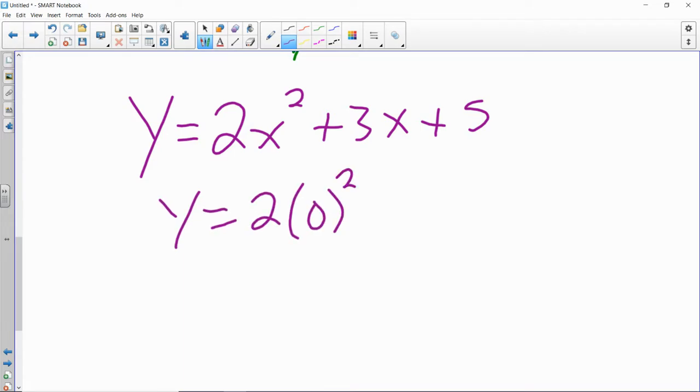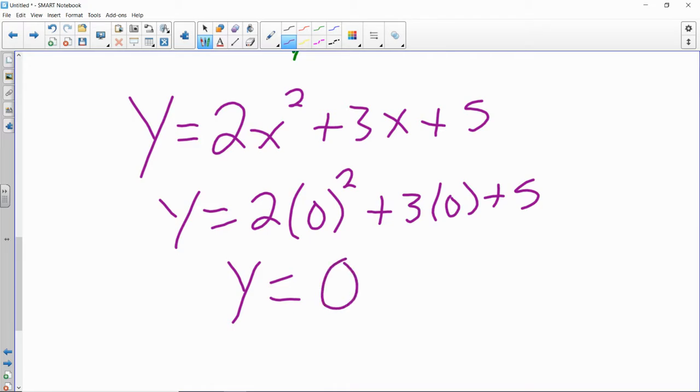And I'm substituting 0 in for x. Anything times 0 is 0. 0 squared is 0. So 0 squared being 0 times 2 is going to give me 0. 3 times 0 is 0. So I'm just going to get 5.